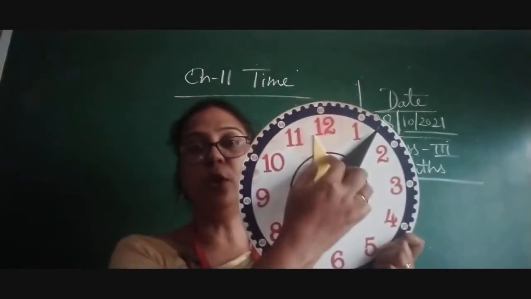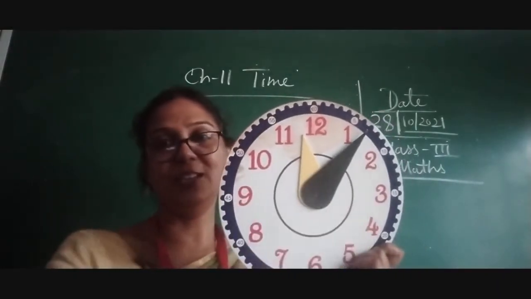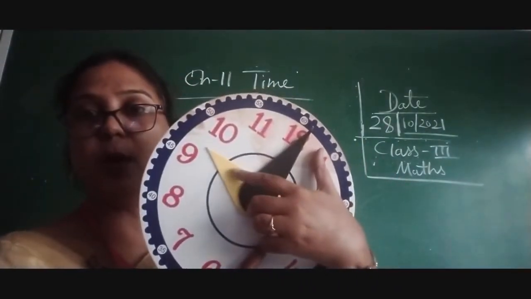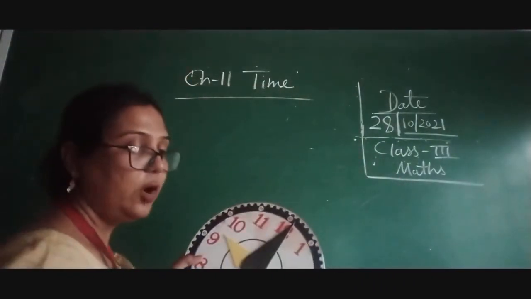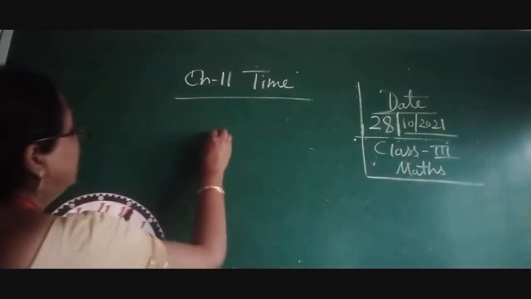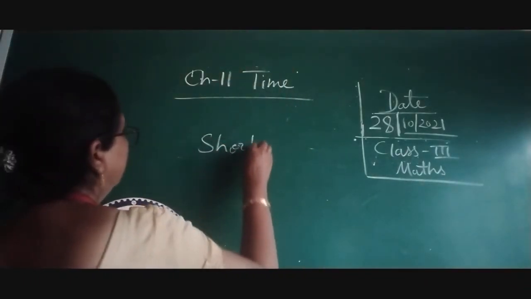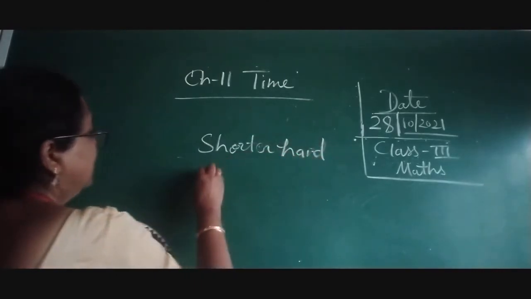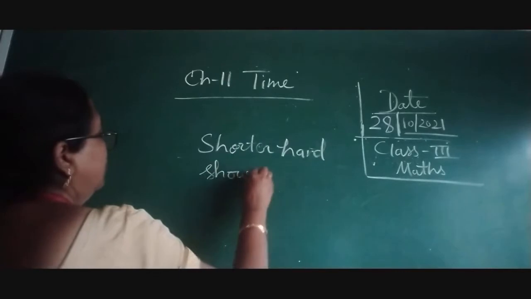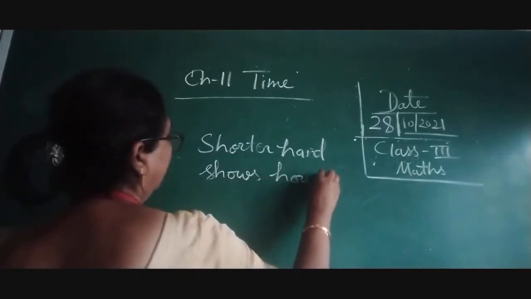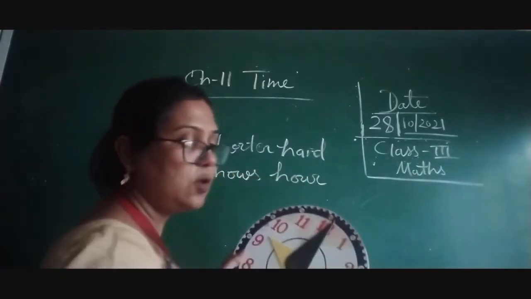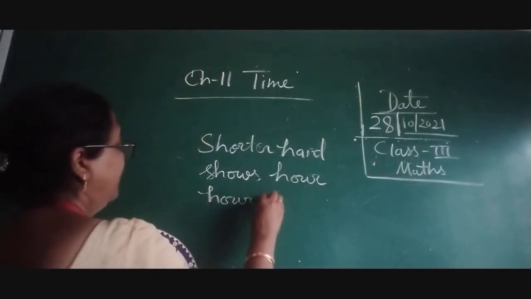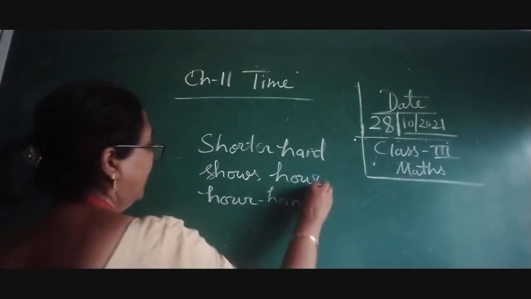This is the short hand and this is the long hand, children. The short hand is called the hour hand. The short hand shows the hour, so this is called the hour hand.